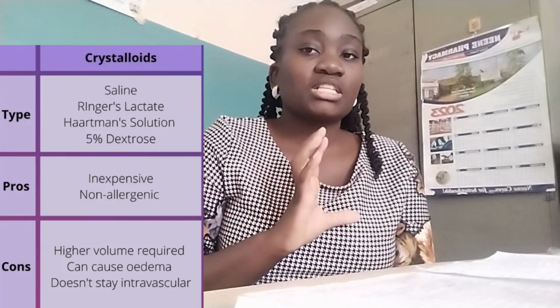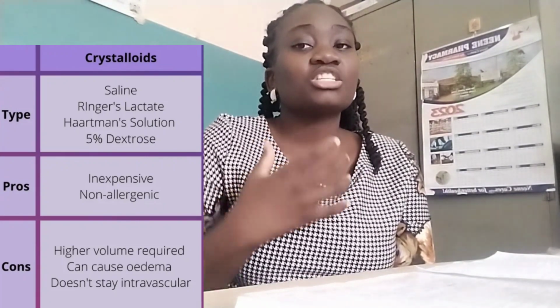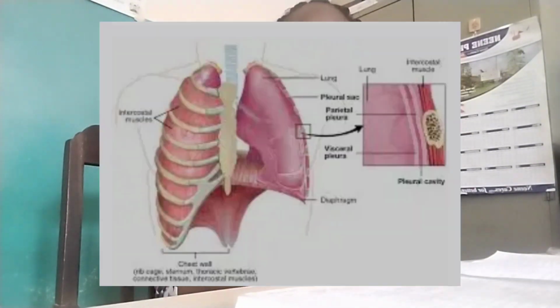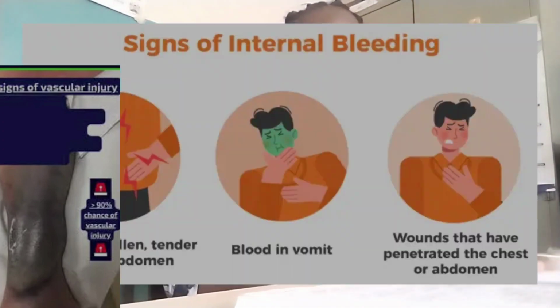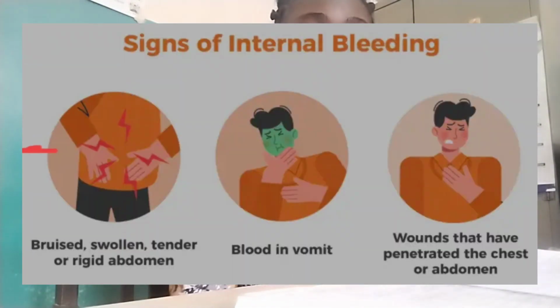If the patient is not responding, then we need to check for bleeders. Bleeders can be checked for in the thoracic cavity, the pelvic cavity, the long bones, and the abdomen. Those are the major areas that can have bleeders that are not external but internal.